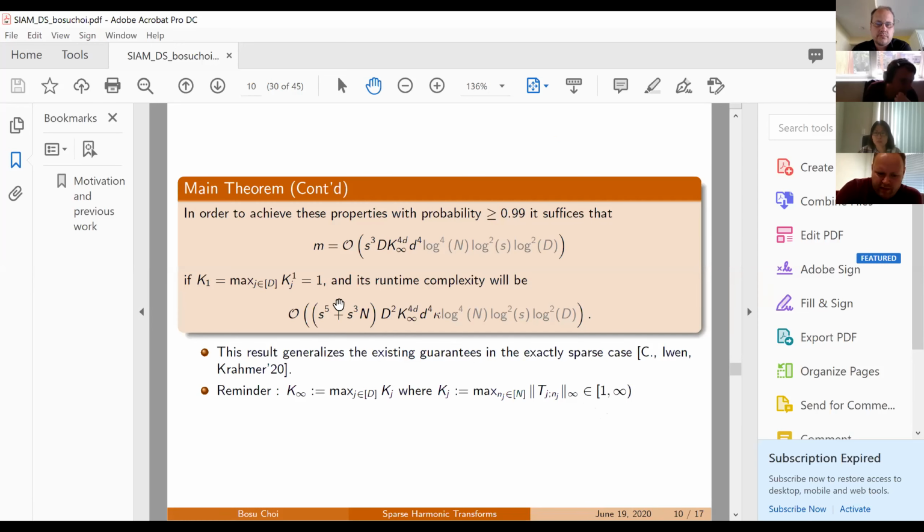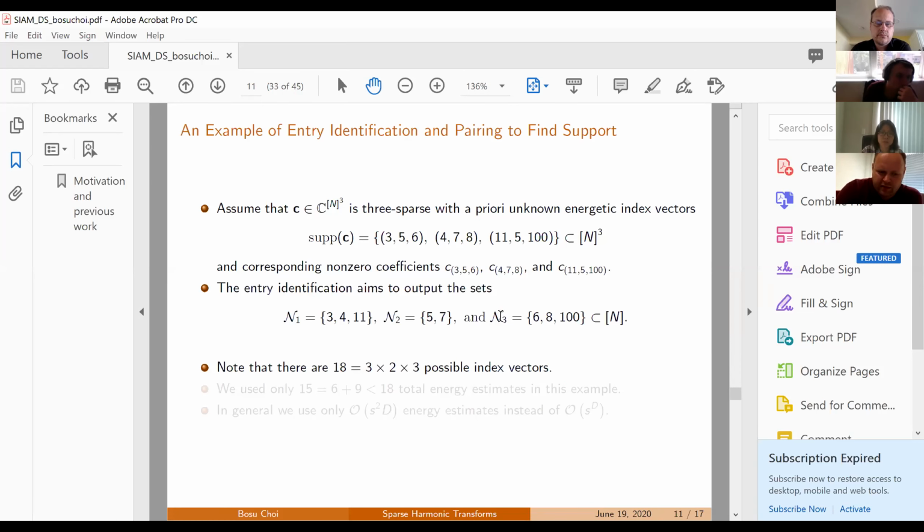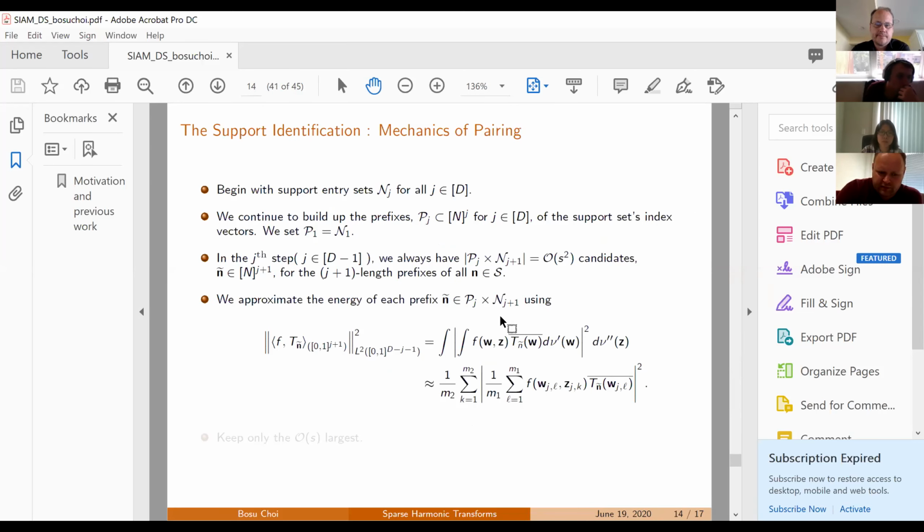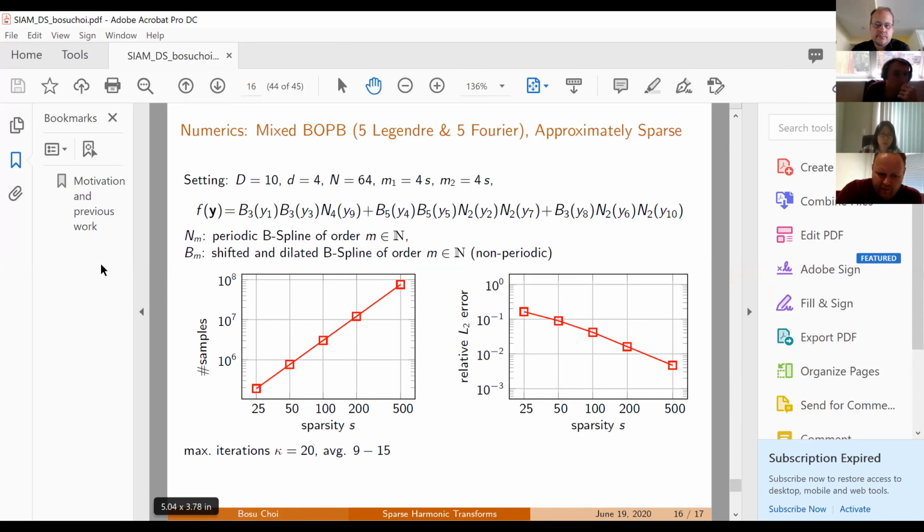Here, the sparsity is 10 and 20, so it seems to scale quadratically. It's hard to tell because this is a log plot, but it looks better than S to the 5th, thankfully.